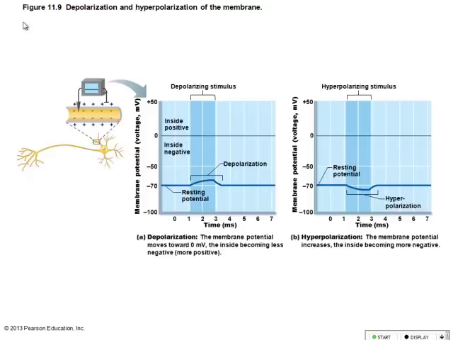When the charge is less than minus 70 millivolts, we call it hyperpolarization. It's going to constantly vary around that minus 70, always a little depolarization and a little hyperpolarization. Those small changes are described in your textbook under graded potentials.